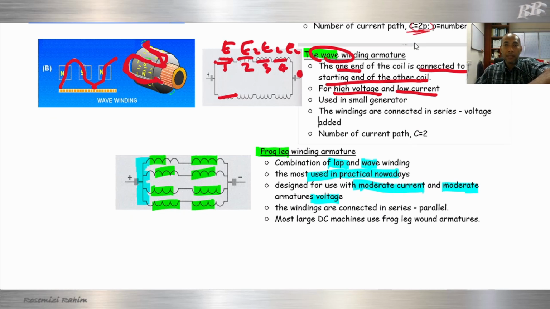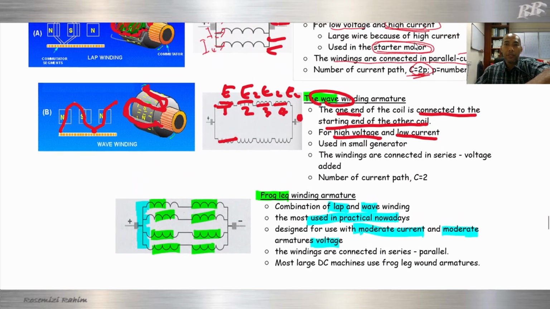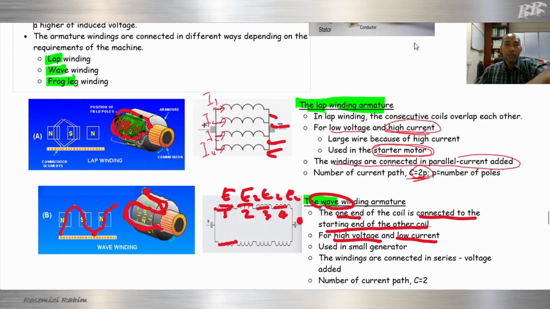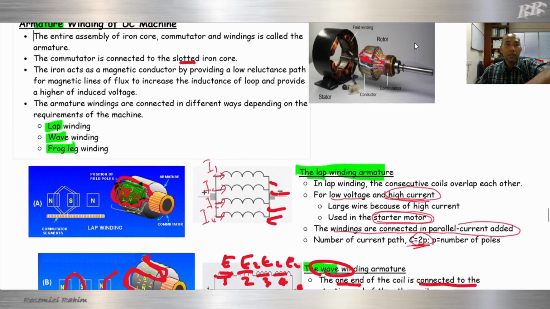As a summary for this video, the generated voltage will be produced at the rotor, the rotating part.